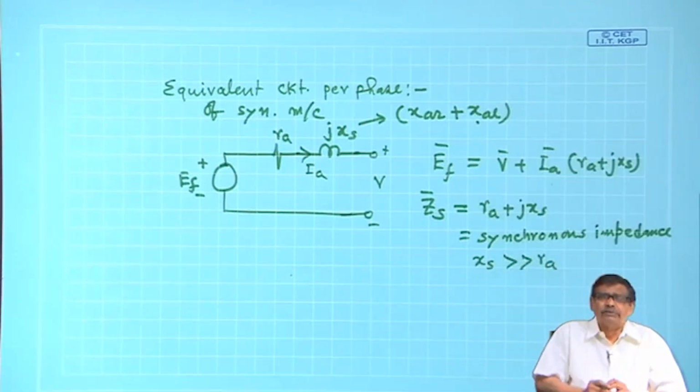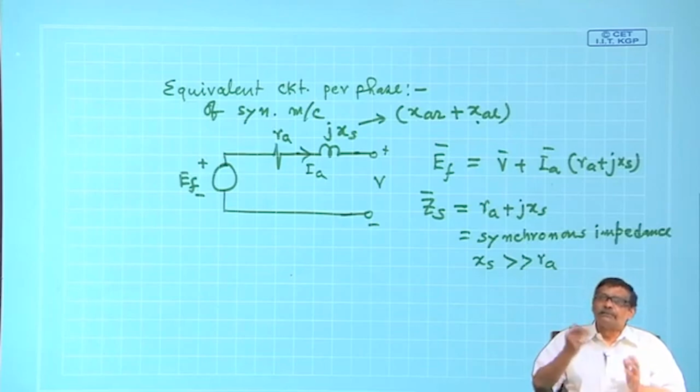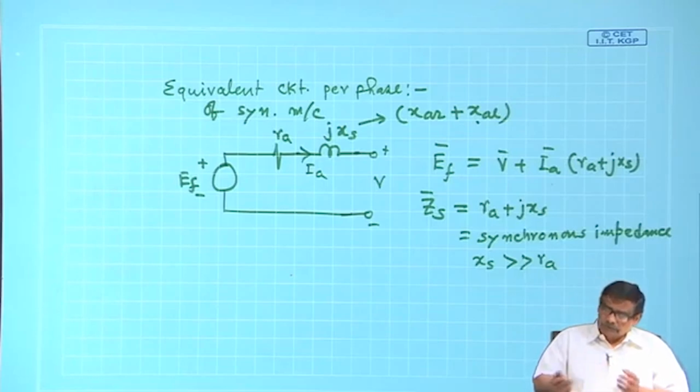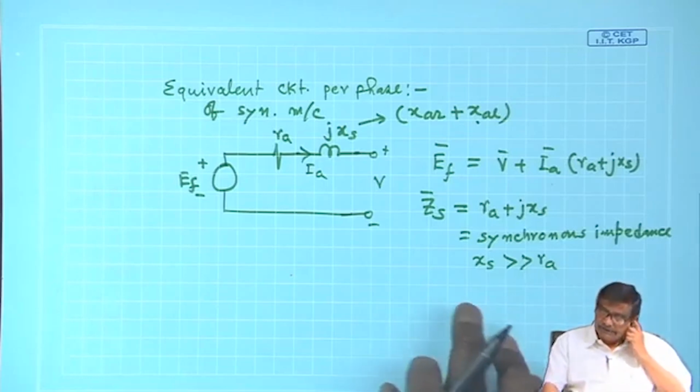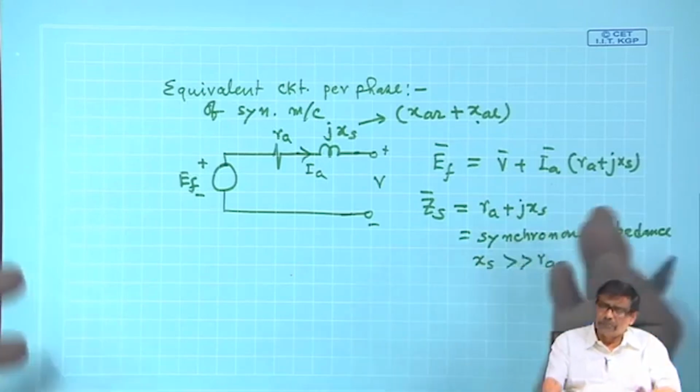For example, to give you a typical value, if the armature resistance per phase is RA, your Xs may be 5 times, 8 times larger. That is, if RA is 1 ohm, Xs may be 5 ohm or 8 ohm. So, Xs is many times larger compared to RA or also compared to XL.